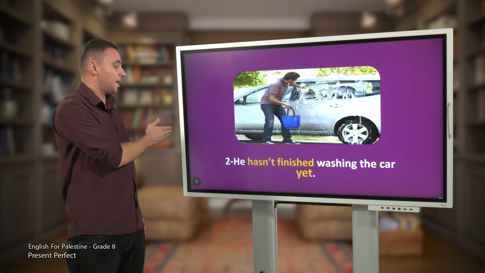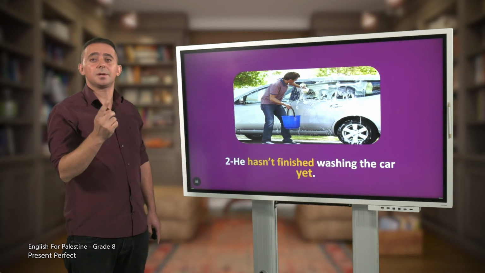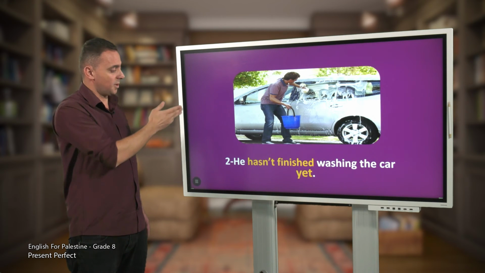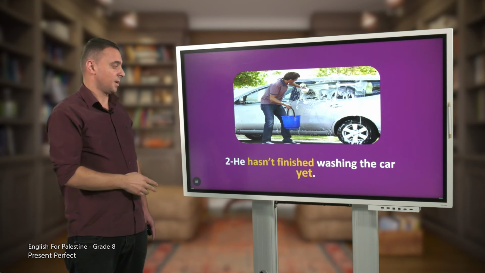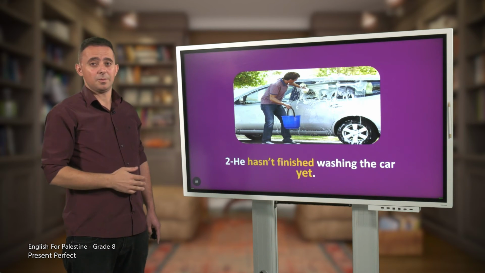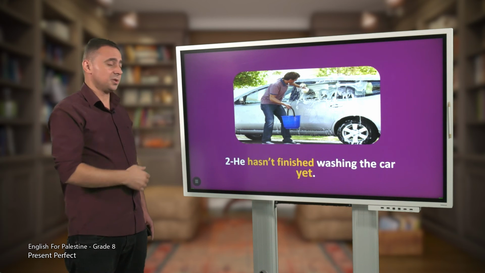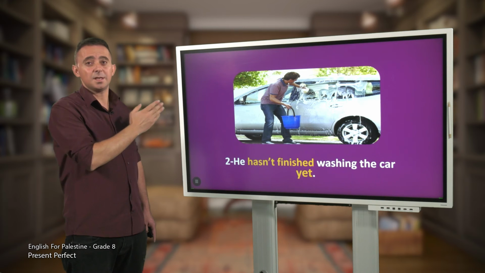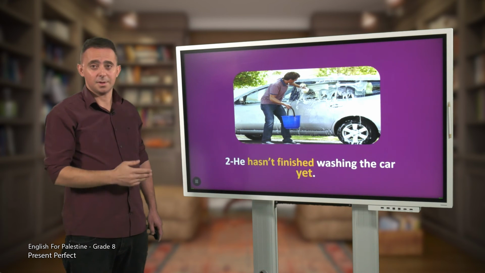And notice, he is a singular subject. That's why we follow it with hasn't, not haven't. And we have the past participle finished. Yet means here that the action is still going until now. Look, the action of washing the car is still going until now. He hasn't finished washing the car yet.